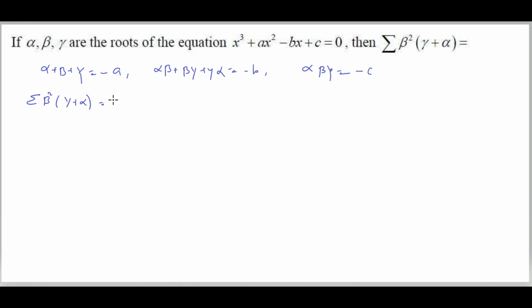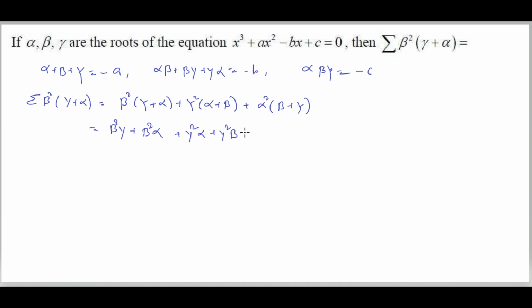Expanding the sigma, that is beta square into gamma plus alpha plus gamma square into alpha plus beta plus alpha square into beta plus gamma. Multiplying this out, that is beta square gamma plus beta square alpha plus gamma square alpha plus gamma square beta plus alpha square beta plus alpha square gamma.